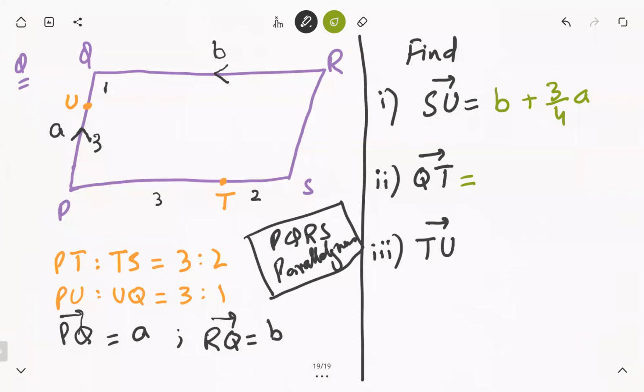Yours is also the same, everyone's. Let's see QT. From Q we have to go to T, Q to T, this way. So the alternate path I will use is Q to P, and QP is minus A. Then P to T, PT is 3/5 of B, but we are moving against the direction of B, so minus 3/5B.